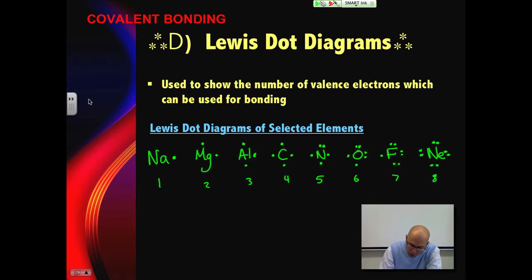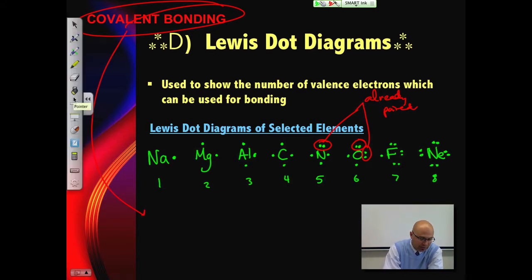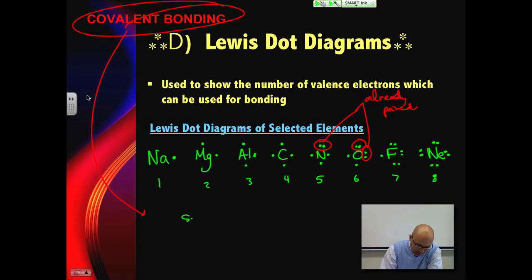The ones that are already paired, let's say like nitrogen here or oxygen, these two, already paired, so therefore they cannot share if they're going to form a covalent bond. So the covalently bonded substances are going to be the ones that have single dots, and our dots again are our Lewis dots, representing electrons.